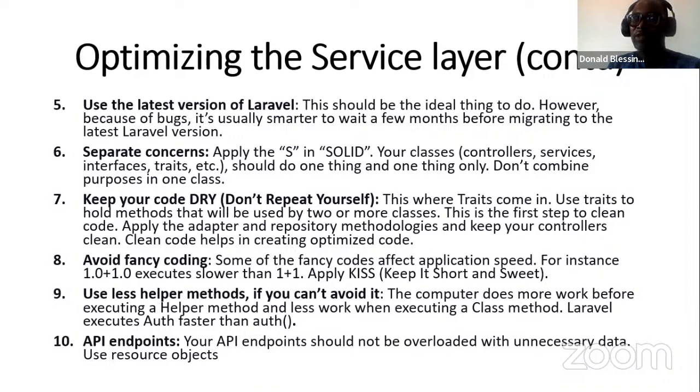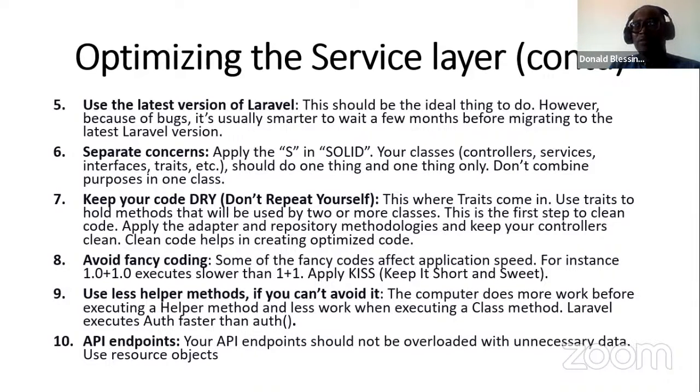Another thing is avoid fancy coding. In my experience, I've come to understand that people who don't have basic computer programming knowledge, I mean, languages like assembly and C, don't really know how code works at the background. So they tend to want to use fancy codes and stuff like that.